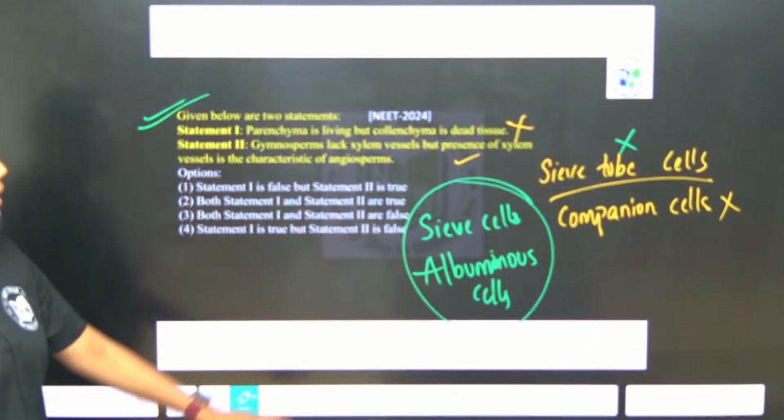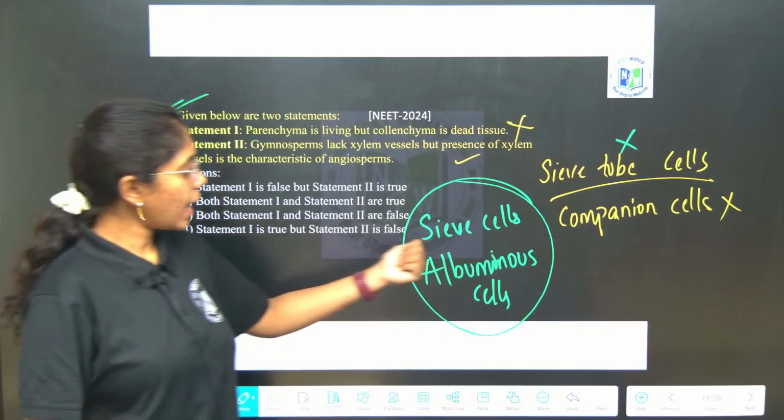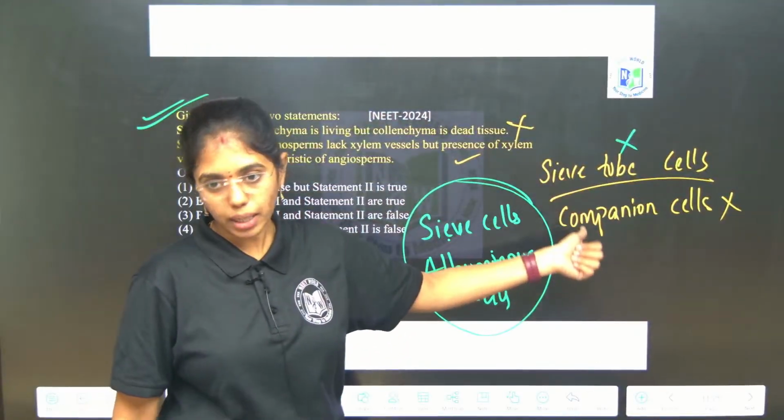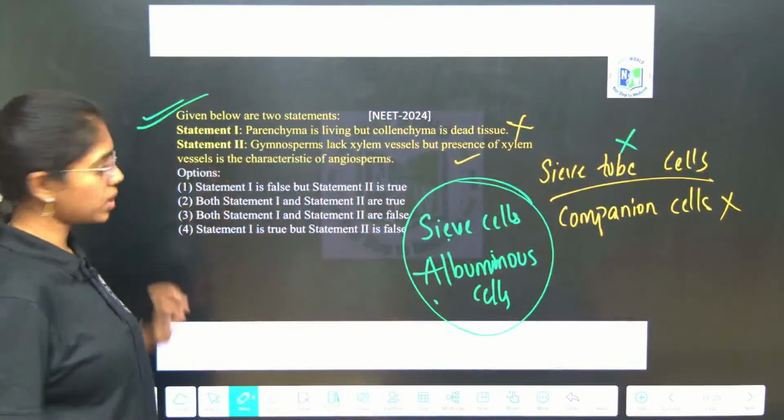Remember this. Vessels are absent from xylem in gymnosperms and it has sieve cells and albuminous cells. Doesn't have sieve tubes and companion cells in phloem. So here statement 1 is wrong, 2 is correct. 1 is false, 2 is true.